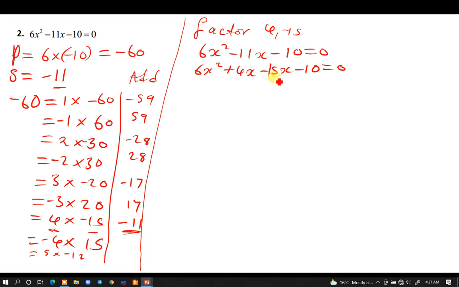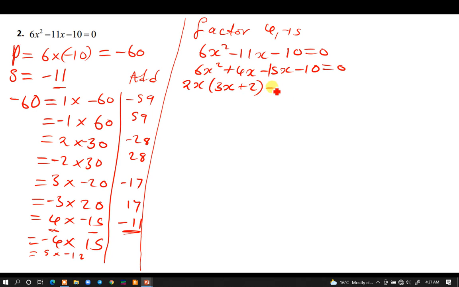So what we just do here is we factorize. We find the common factor between the first two terms and the other two terms. The common factor on the first two terms is simply 2x. 2x into 6x squared is 3x. Then 2x into 4x gives us 2.